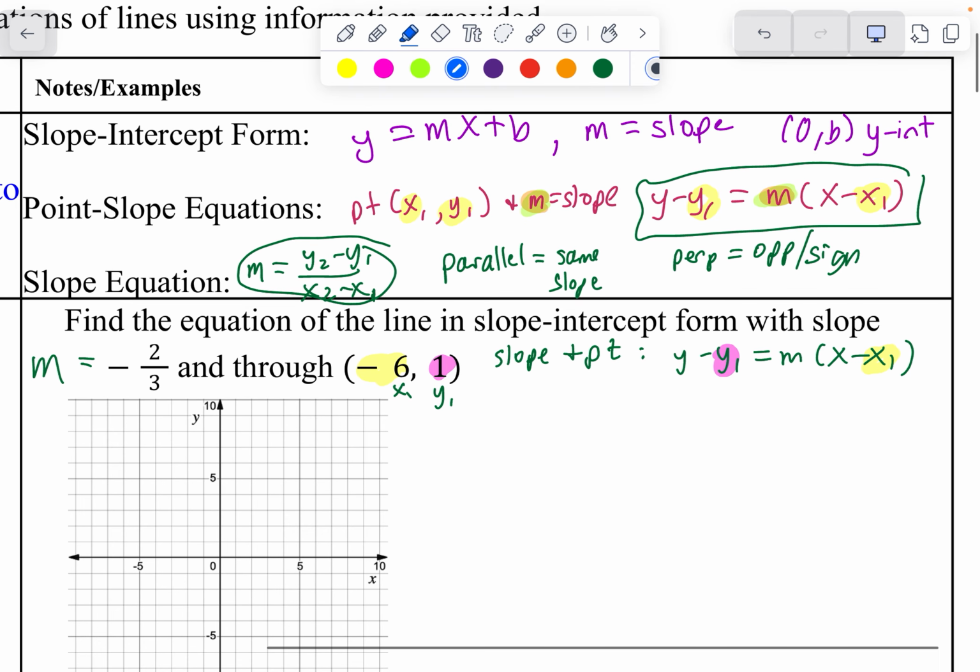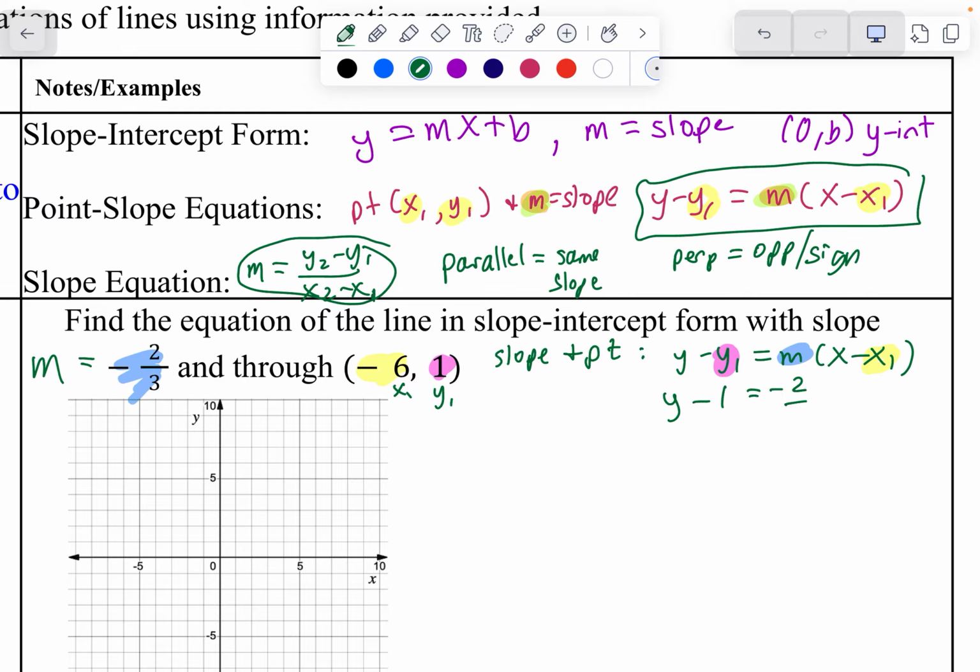So let's take out the x1, y1, and m and put in the numbers that we know they are. Your x and y sit there and wait, because that's going to form the equation. So it's y minus my y value equals my slope times x minus my x value. You see how that becomes a plus 6. We're subtracting a negative 6. Two negatives make a positive. So just change that sign.